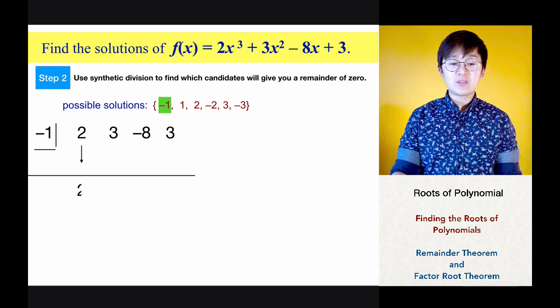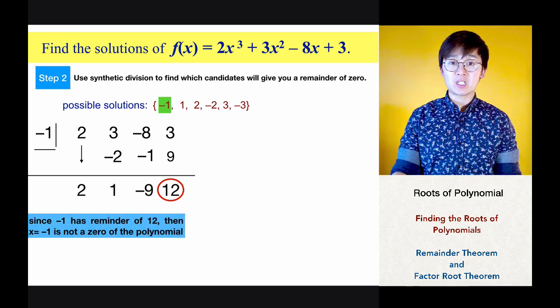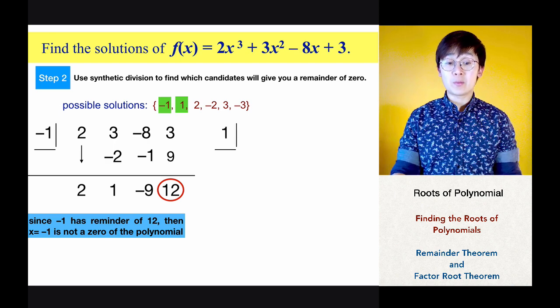So using synthetic division, we see that for x equal to -1, we have a remainder of 12, which means our remainder is not 0, so -1 is not a solution of our polynomial. So we're going to use the other candidate, which is +1, and hope that this time we'll get a 0 as our remainder.